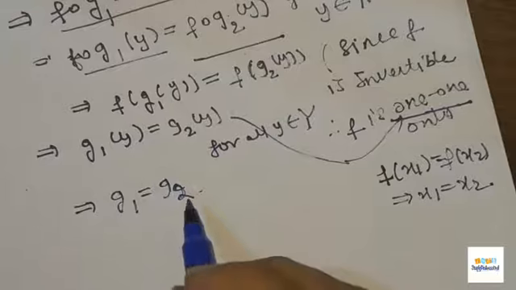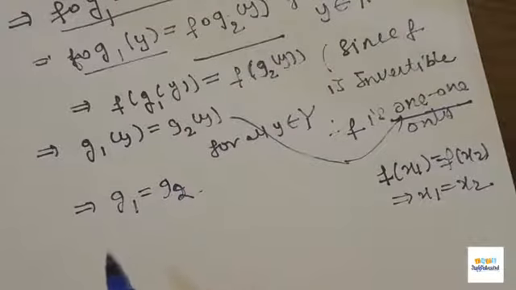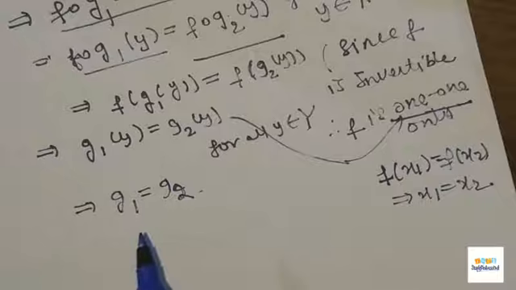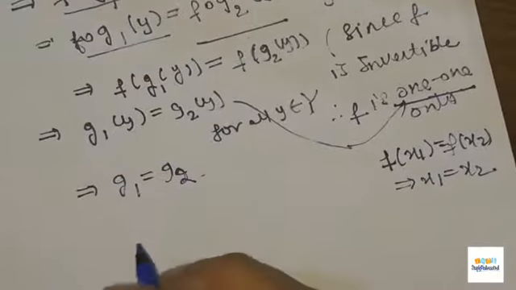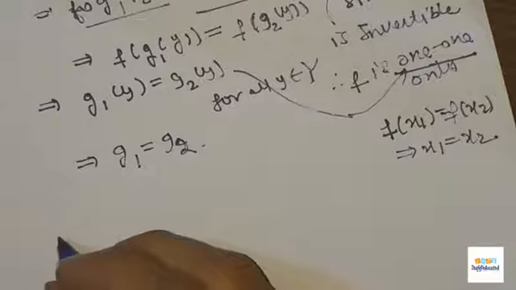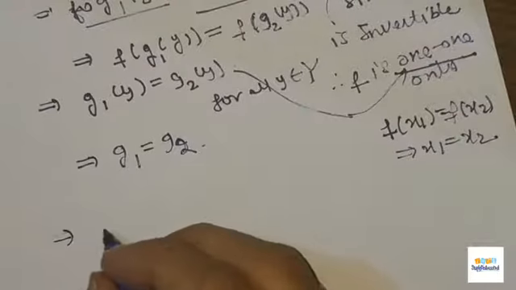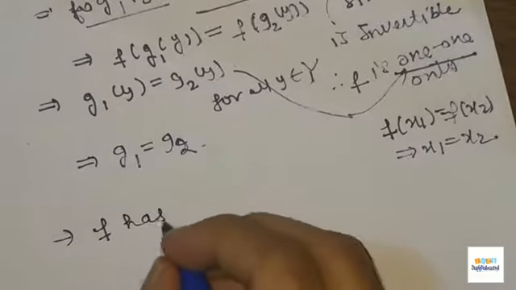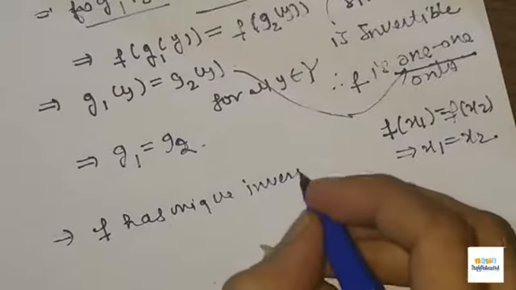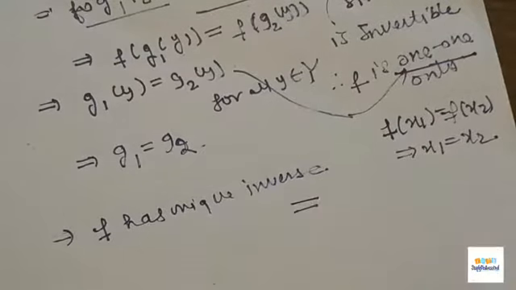If g1 and g2 are two inverses of f, then both functions are equal, that is g1 is equal to g2, that is, f has unique inverse. So this implies f has unique inverse.